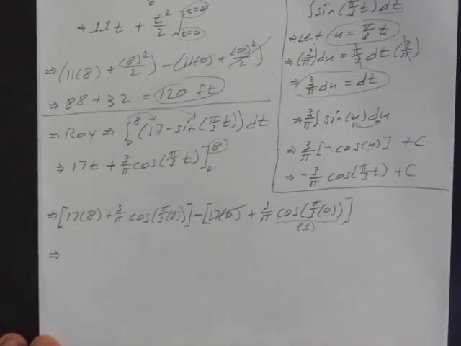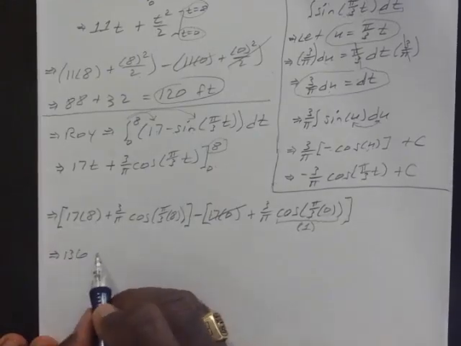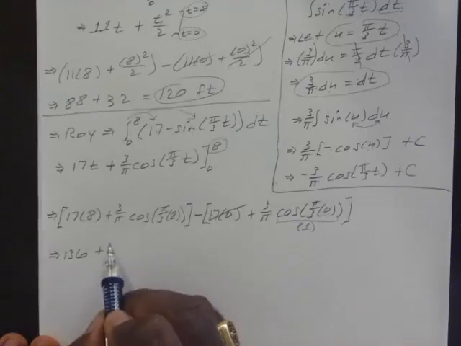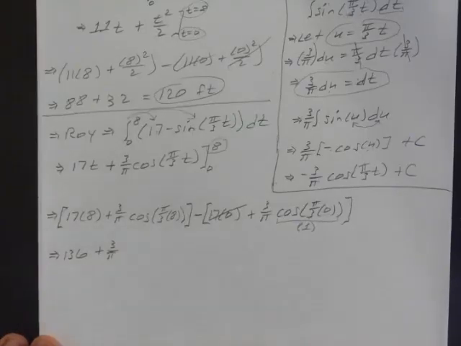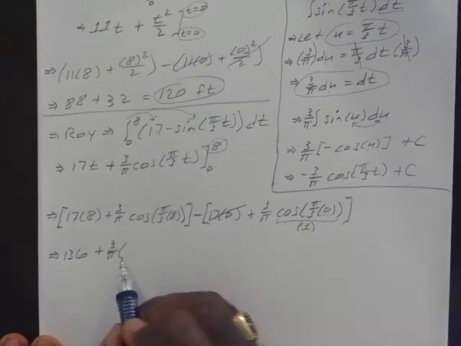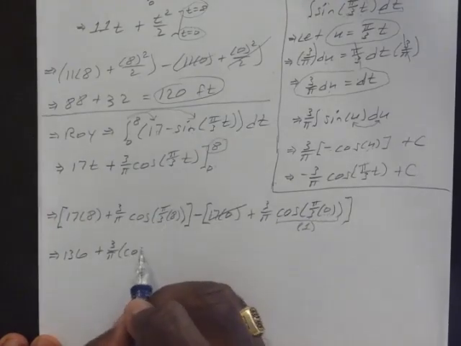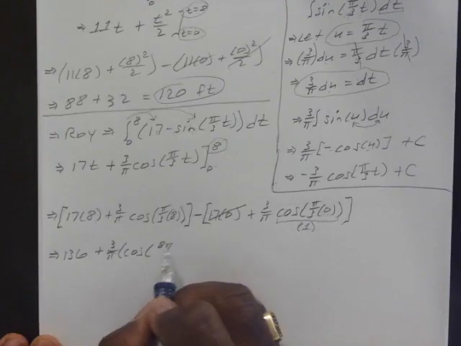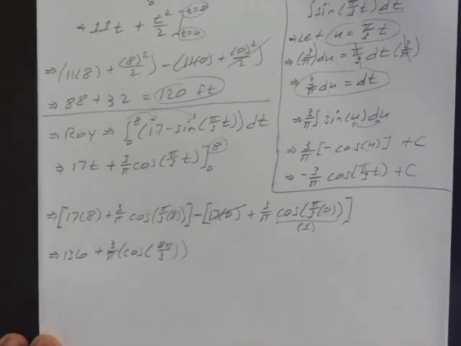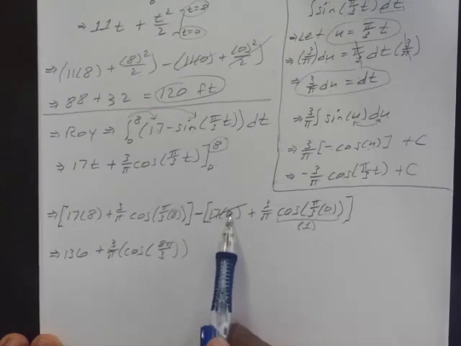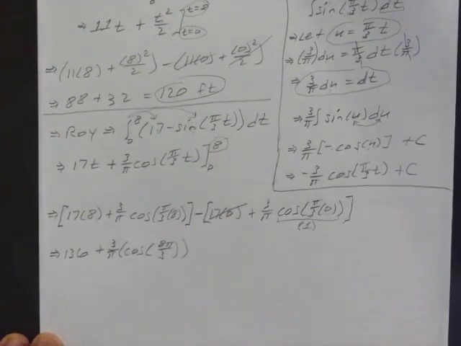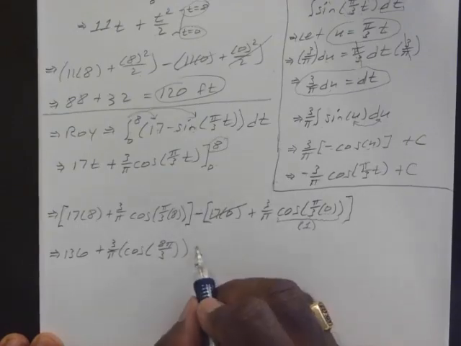Okay, so we have 17 times 8, which is 136, plus 3 over pi times cosine of 8 pi over 3, minus 0. Oh, let me see. Yep.